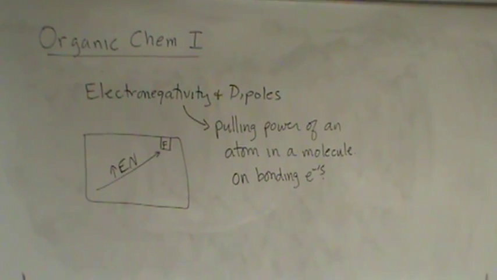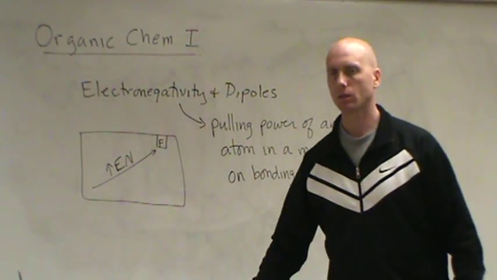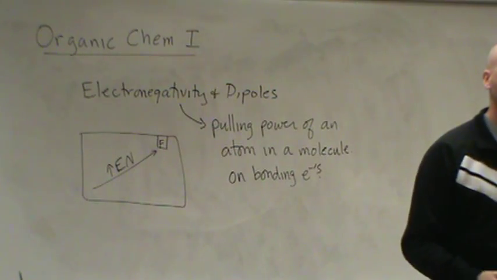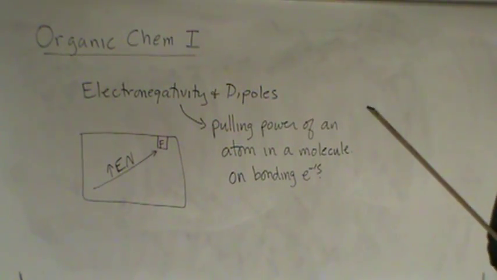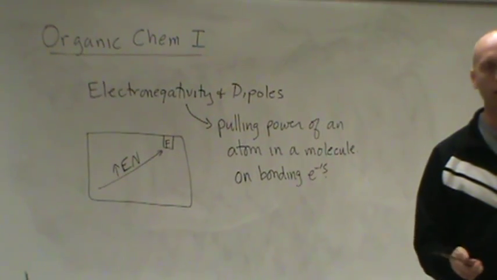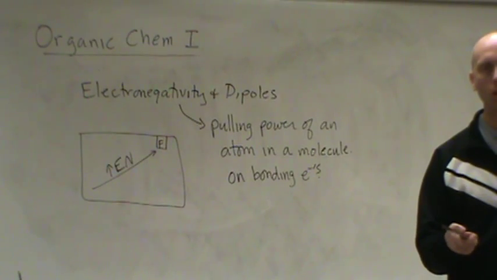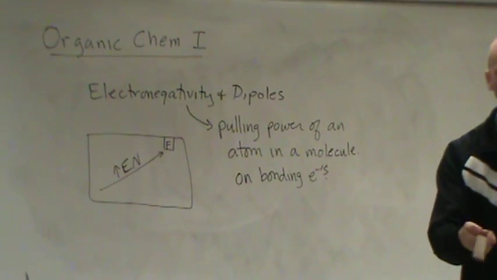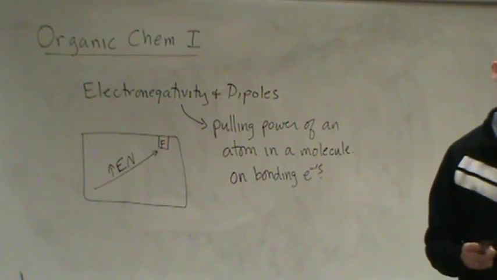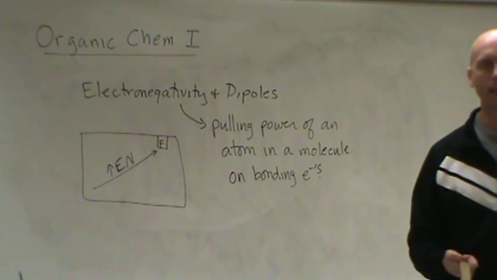The pulling power, basically, on bonding electrons. So if I had this stick here in my hand, and I were to let you grab the other side of the stick, and suppose you were stronger than me, your electronegativity would be greater than mine, because you can pull stronger than I can.